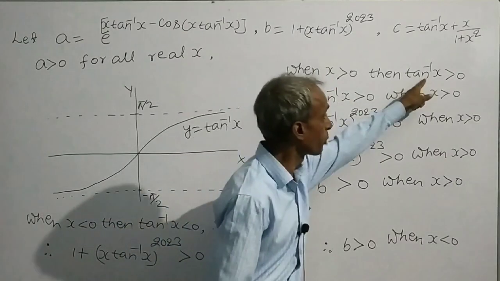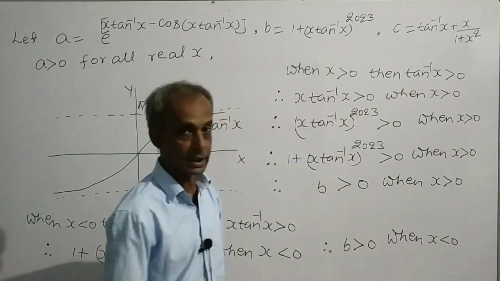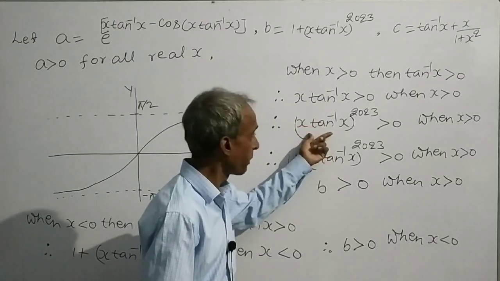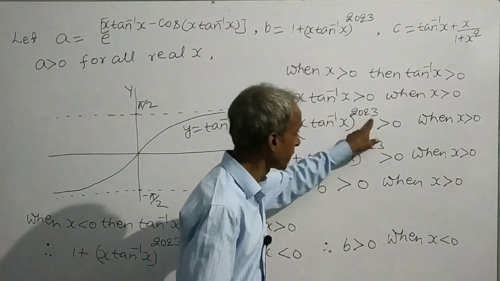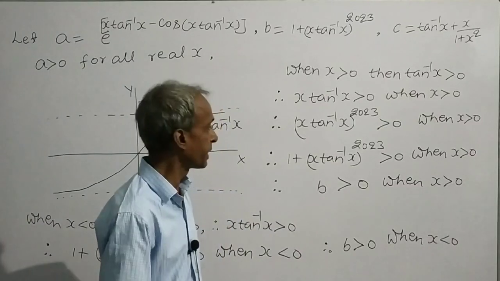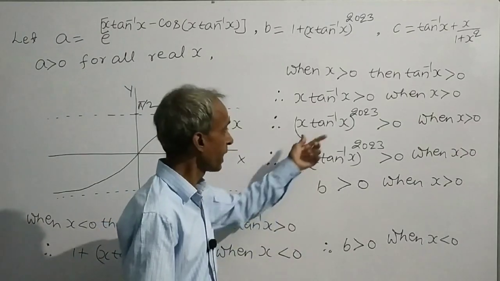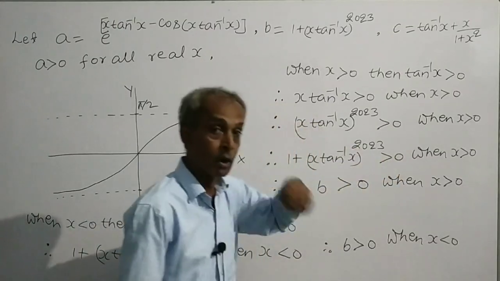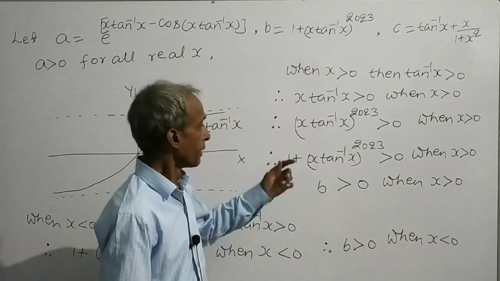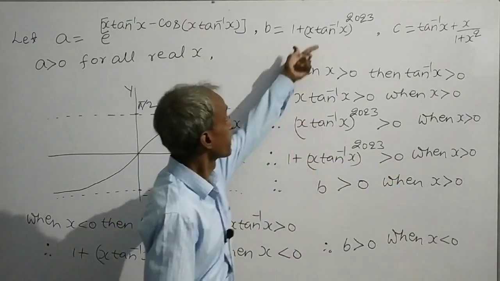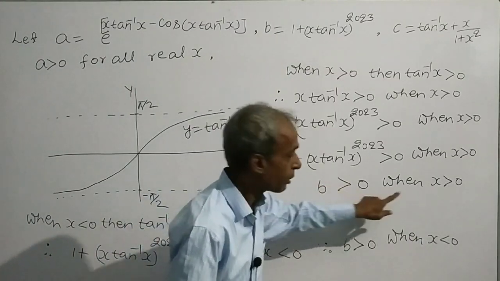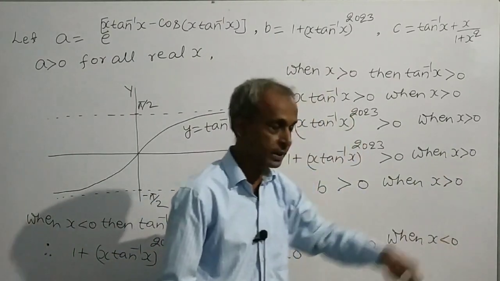Positive times positive will be positive, and a positive number to the power 2023 will be positive. And when we add 1 to this positive number, we get some positive number. That means B is positive when x is positive.